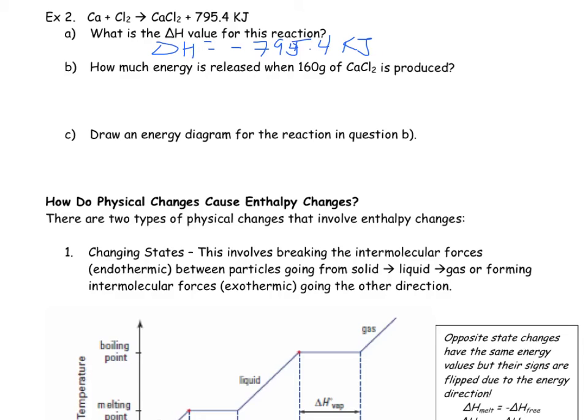Question B. How much energy is released when 160 grams of calcium chloride is produced? First, I need to figure out how many moles that is by dividing by the molar mass of the compound.